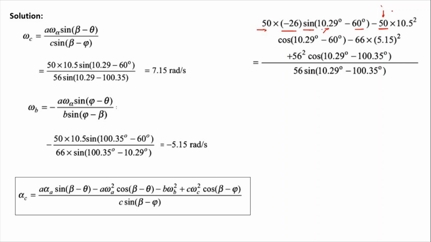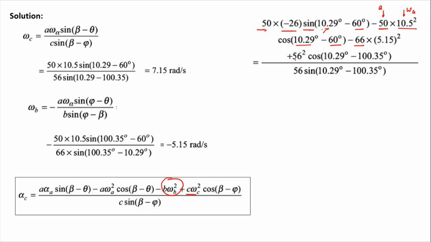So A is equal to 50 and omega A square, we already know omega A is 10.5, multiplied by cos of (beta minus theta). So again cos of (10.29 minus 60 degree), minus 66 multiplied by 5.15 square, that is minus B omega B square. Then we have plus C omega C square.